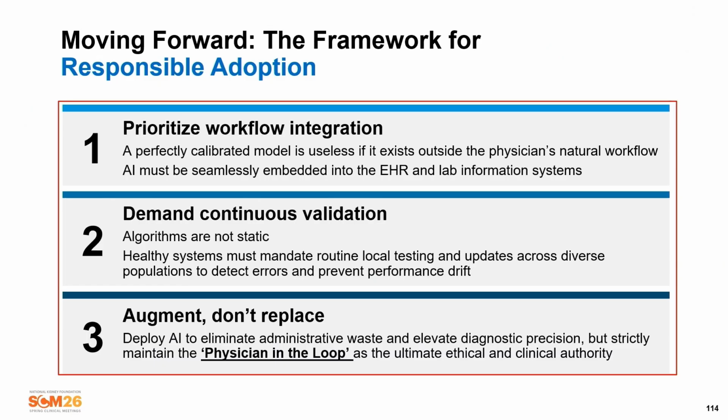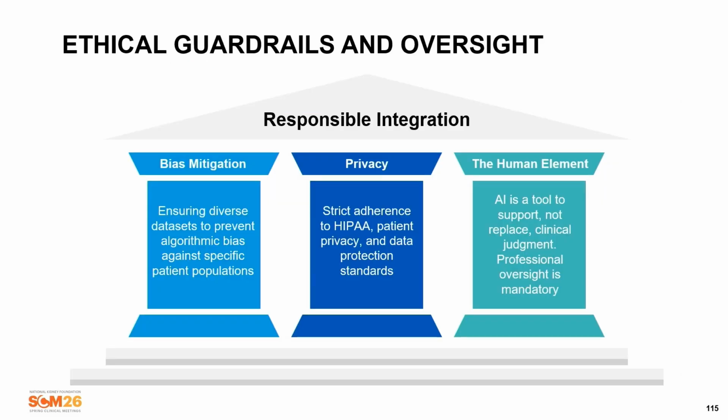So moving forward, on responsible adoption, we need to think about what is the priority for us, to help reduce burden and also improve patient care. We need to augment, but not replace us, okay? We need to think about bias as well, because for many models that are developed, at our center we look into, okay, if Arizona uses a model from Minnesota, Mayo Clinic, would it work as well or not?